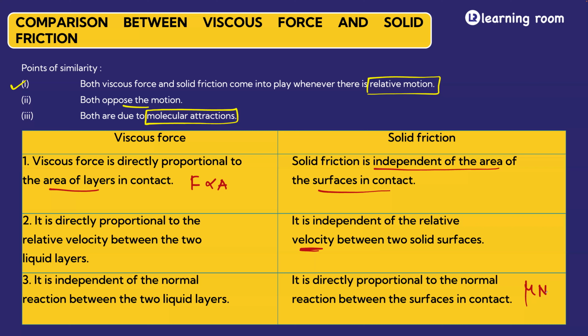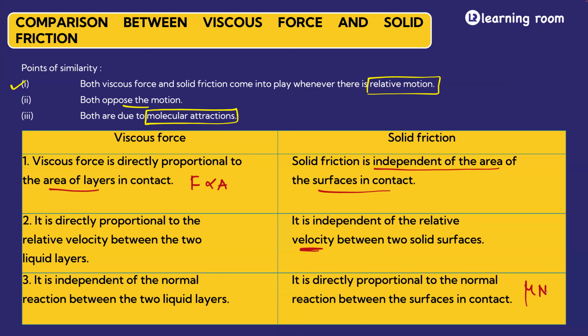So can you quickly summarize what they are? Don't look at it, just try to recollect. For viscous force, F is directly proportional to A and directly proportional to dV by dx. Viscous force is directly proportional to the area of the surface in contact, whereas solid friction is independent of area. Second, viscous force is directly proportional to the relative velocity between the layers, whereas solid friction is independent.